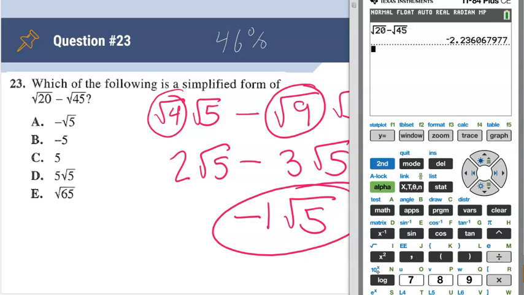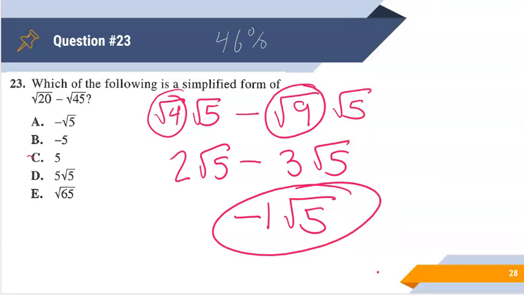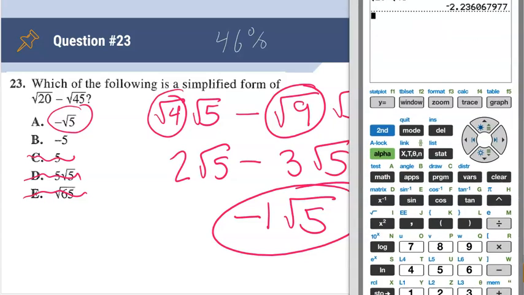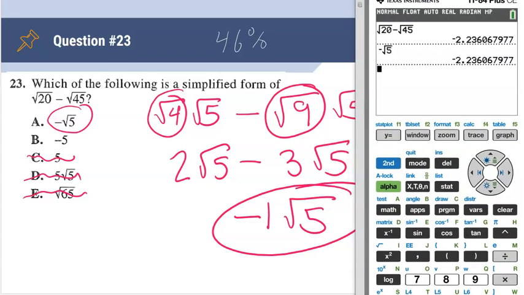Notice it's a negative answer, which tells me I know it can't be these. And then I'd type this in my calculator, and I would see that, in fact, those answers are the same. You can see that those are the same, so it's got to be choice A. A lot of ways to do that one.